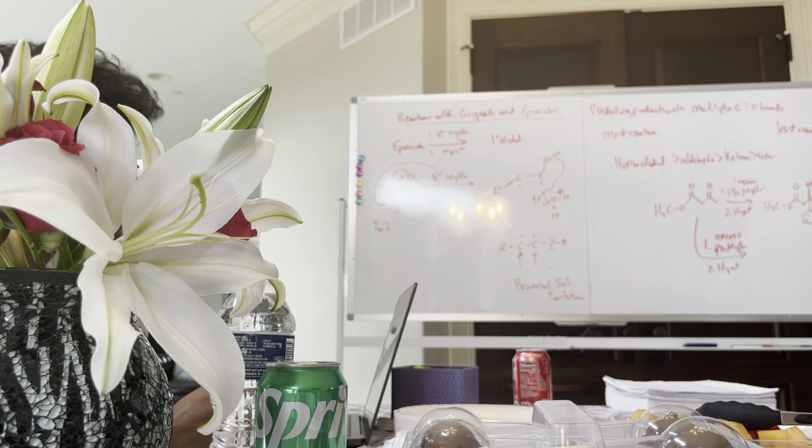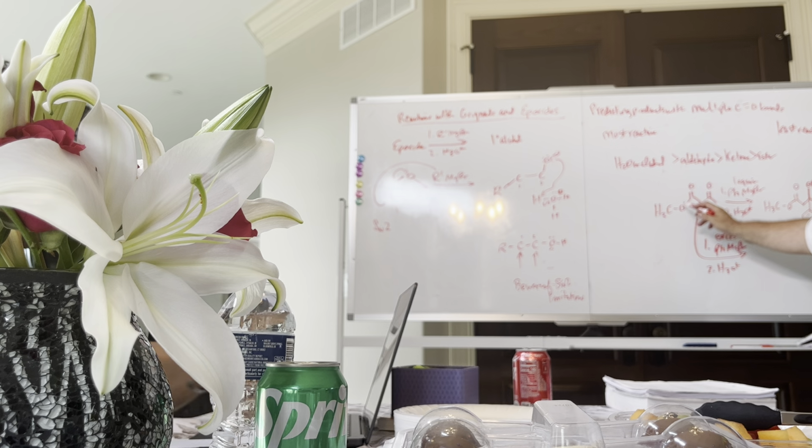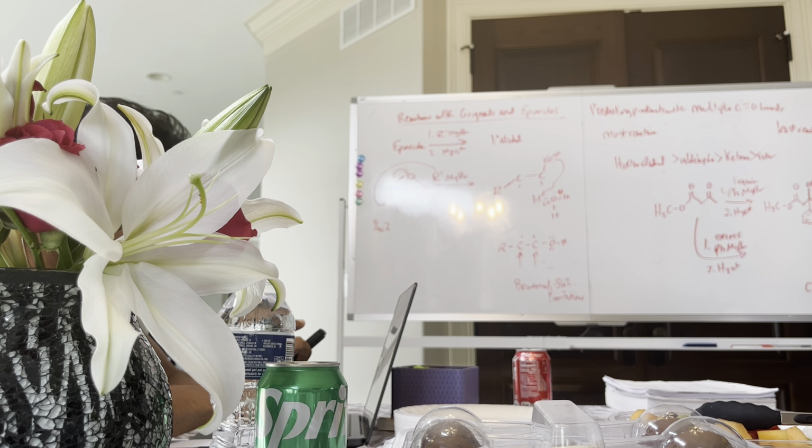This is tricky. The first step is you have to remove this RO group, so you know that CH3OH has to be one product later down the line. And we also learned that esters, because they get 2 equivalents, are going to have 2 phenyls on them.